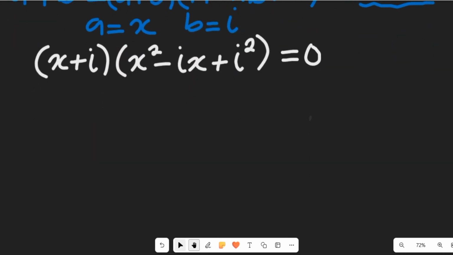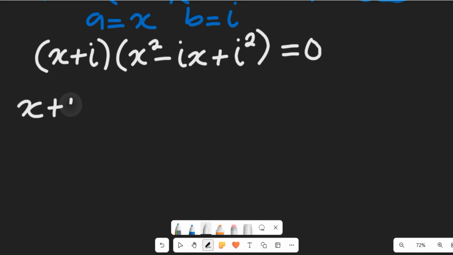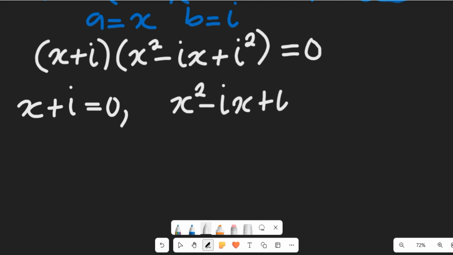Great. Now at this point, having approached this with the zero product rule, we are going to separate those expressions. If we separate them, we'll have x plus i equal to 0. At the same time, we'll have x squared minus ix plus i squared equal to 0.